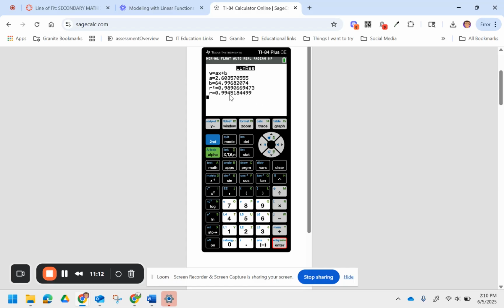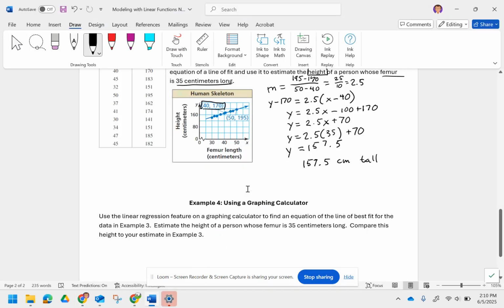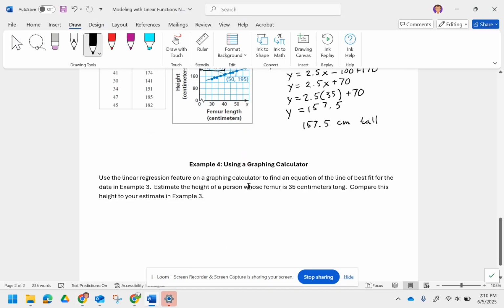Okay, so let's go ahead and take this information and write it down. So we are going to have an equation that is y is equal to 2.6x plus, and we're going to round that one up to 65. So there's our equation. And now let's do that estimation again for 35.